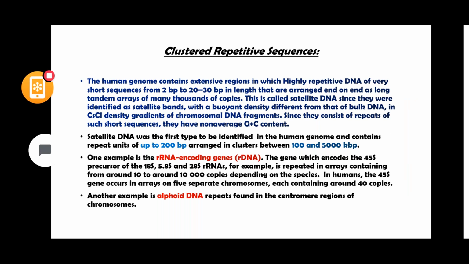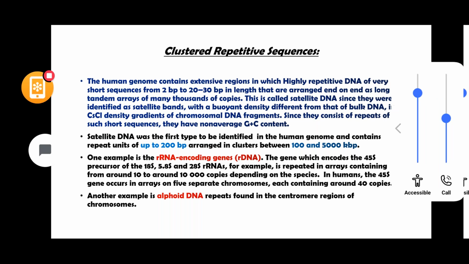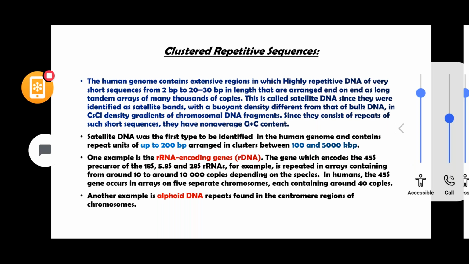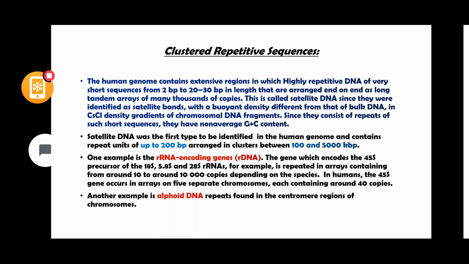These encode ribosomal RNA, like 45S. Usually 45S is synthesized in a precursor form, then it is trimmed and finally forms the mature rRNAs. This 45S is processed into 18S, 5.8S, and 28S rRNAs, right?